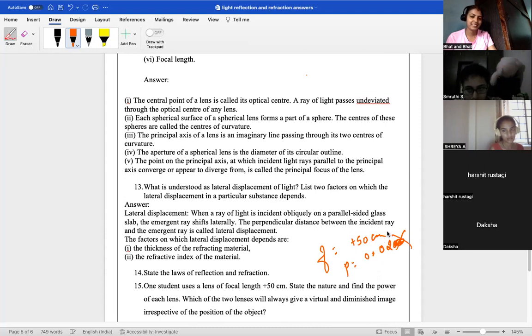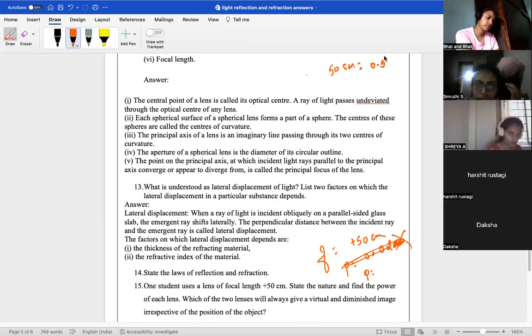It should be in meter. First you have to convert into meter and then do the calculation. So Harshit, did you do it? I'm doing, ma'am. So if you convert into meter, 50 centimeter will become 0.5 meter. 50 divided by 100 is 0.5 meter. Okay.